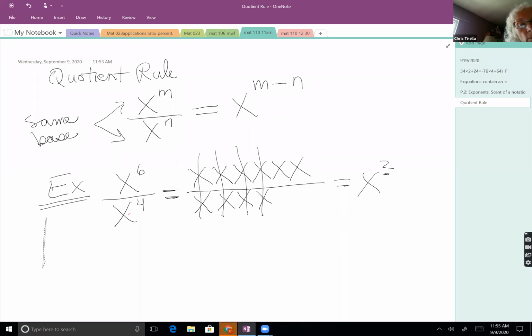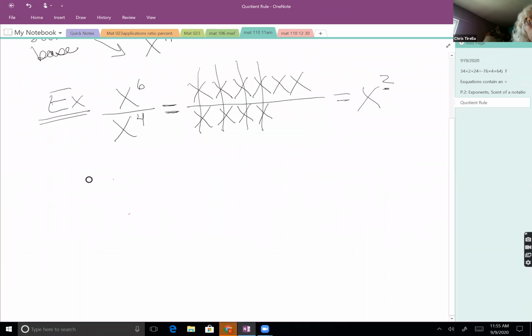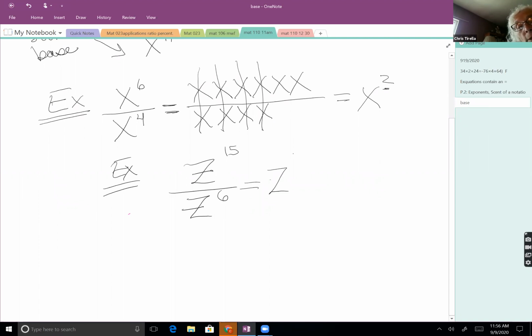So, if I look for some more examples, let's say I have something like z to the 15th over z to the 6th. Bases are the same, so I'll subtract the exponents. Z to the 15 minus 6 would leave us with z to the 9th.